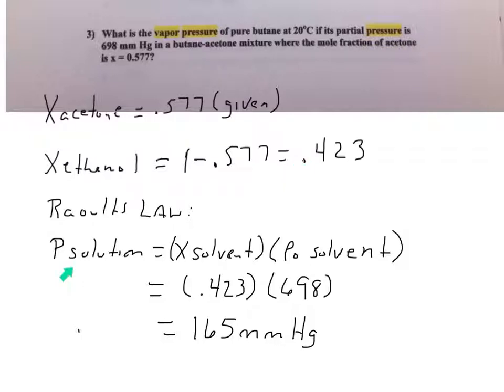Raoult's law says that the pressure of the solution would equal the mole fraction of the solvent times the pressure of the pure solvent. So we take our 0.423 that we had calculated times 698, which was in our problem. We get an answer of 165 millimeters of mercury.